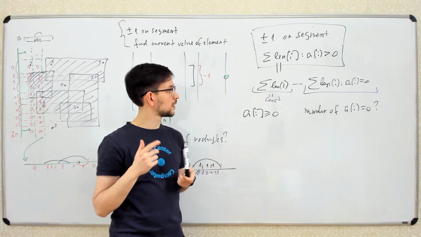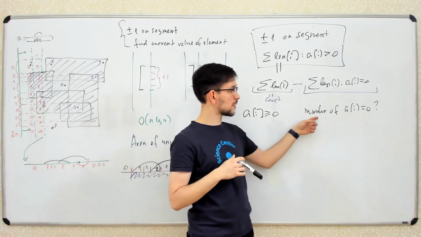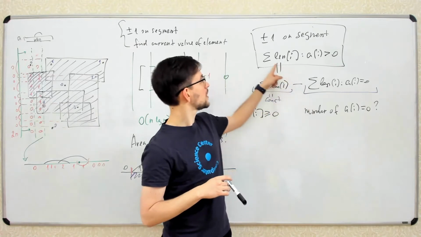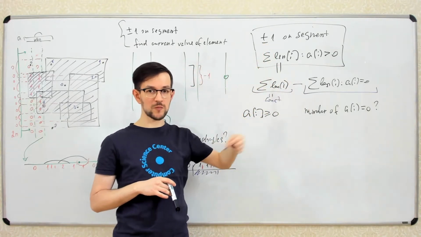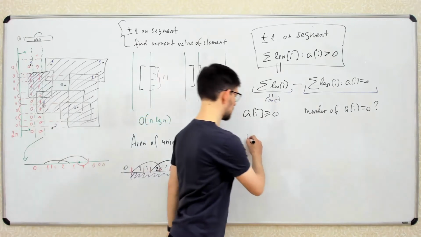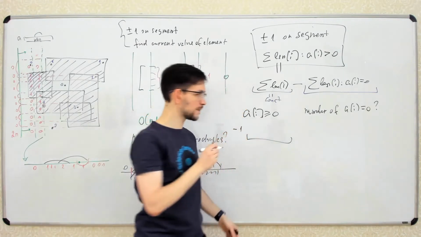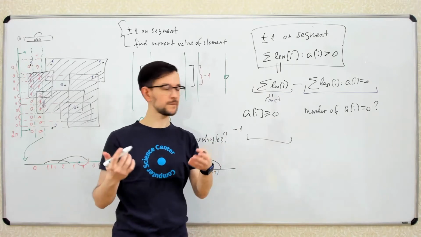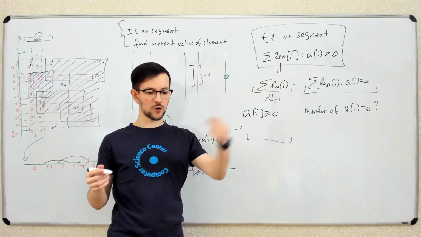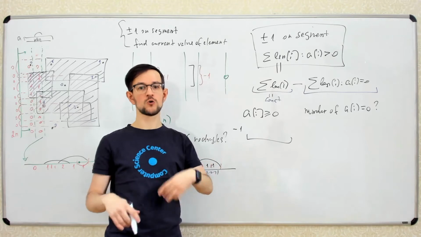Yeah, good thinking. So if we want to calculate the number of zeros after we make -1, then before we make -1, after this -1 operation we need to find the number of zeros, right? It means that before this operation, we need to know the number of ones.